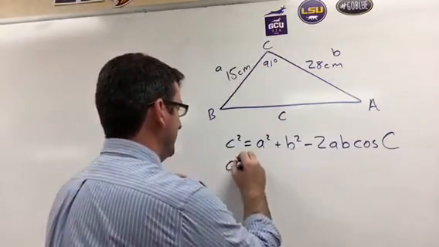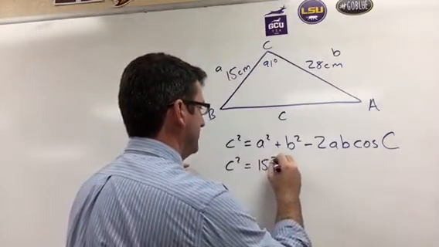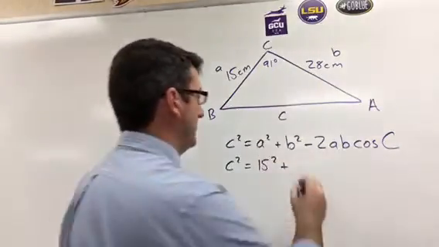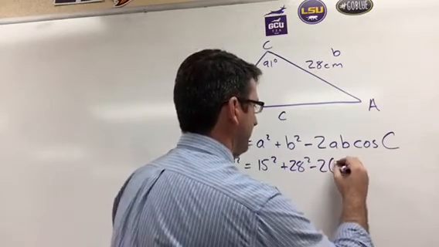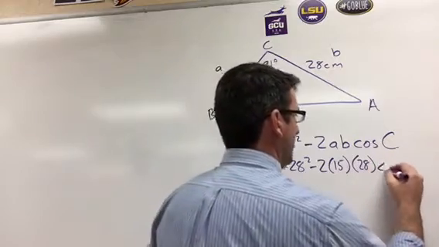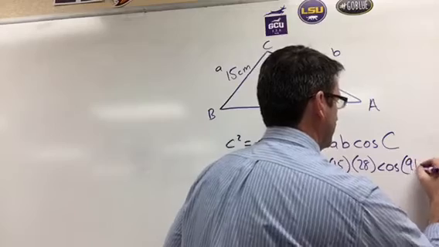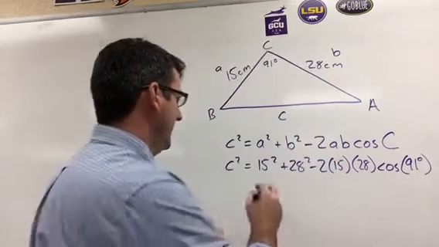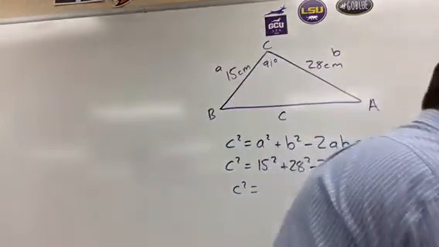So we get c squared is equal to a squared, that's 15 squared, plus b squared, 28 squared, minus 2 times a, 15, times b, 28, times the cosine of angle C, which is 91 degrees. And let's plug that into our calculator.